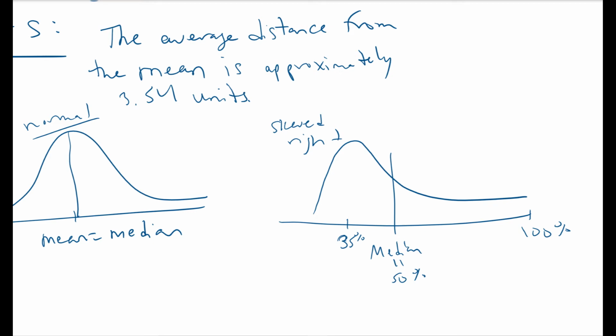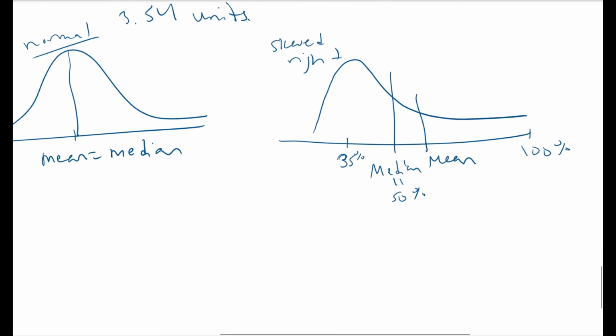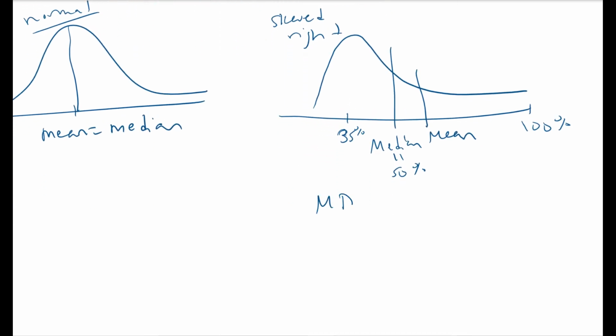So the average is going to be skewed a little bit because maybe you had a couple of students get 100% on the exam, right? And so they kind of messed up the test. They kind of messed up the average. So the mean is to the right. In this case, the median is going to be less than the mean. So if it's skewed right, the median is less than the mean.